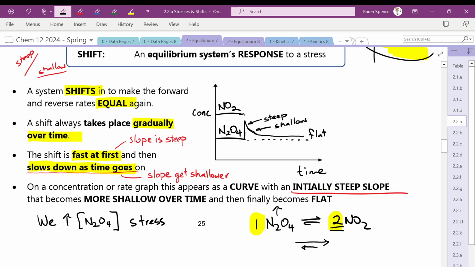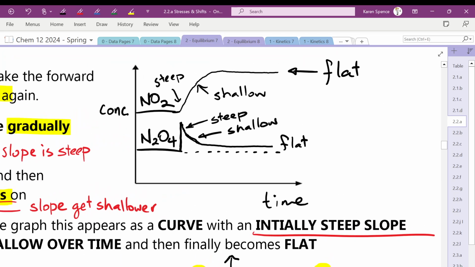So that's going to go up steep, and then it's going to go shallow and then flat. Steep, shallow, flat. They do follow the stoichiometry of the equation in a 1:2 ratio. Okay, so that is what a concentration diagram looks like.